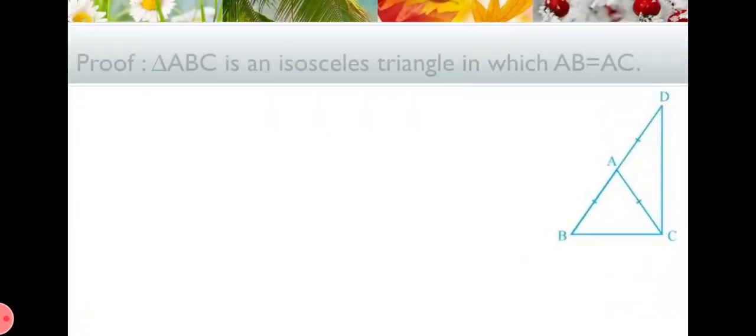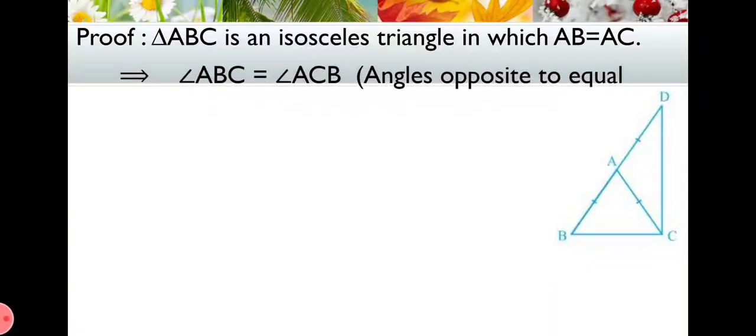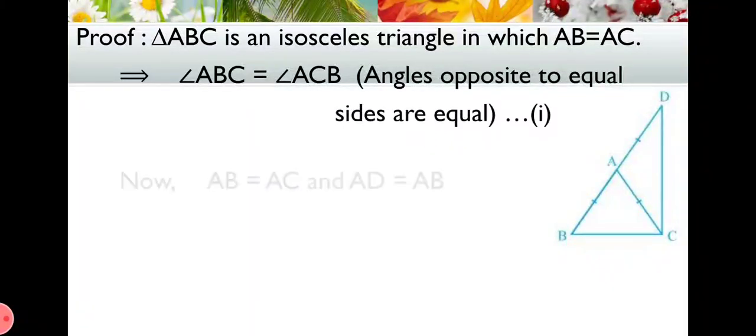Now for proof, triangle ABC is an isosceles triangle in which AB equal to AC. This is given. Therefore, angle ABC equal to angle ACB, that is, angles opposite to equal sides are equal.